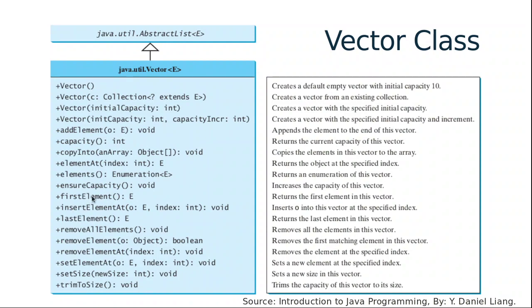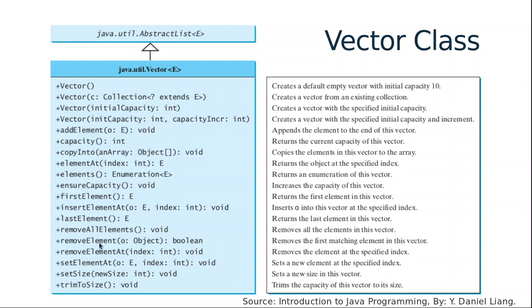Then there is the firstElement method, which will simply return the first element. The insertElementAt method is going to insert an element at a given index. The lastElement method will simply return the last element of your vector. The removeAllElements method is just going to make your vector empty.